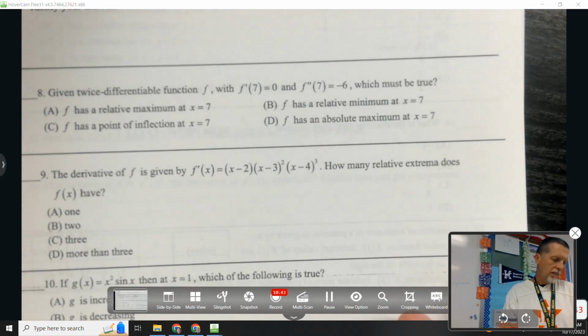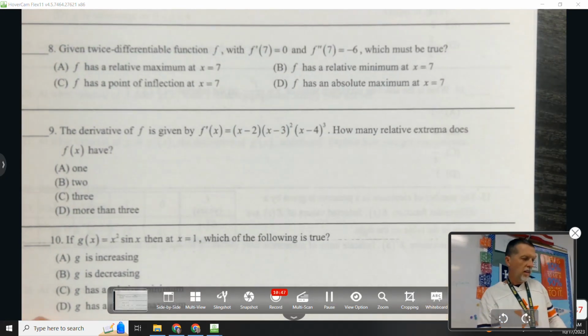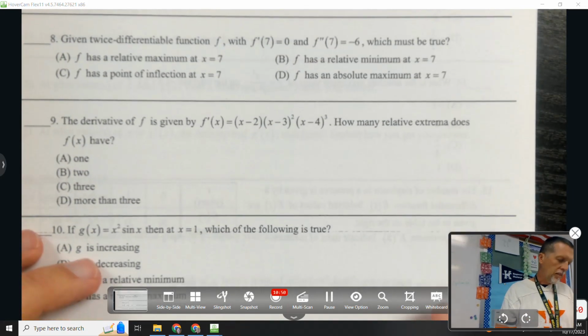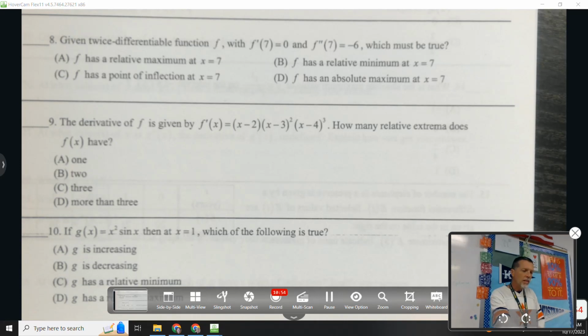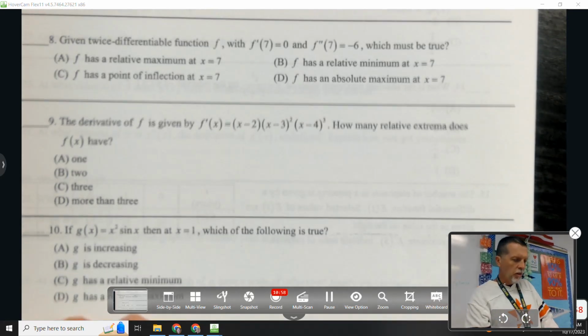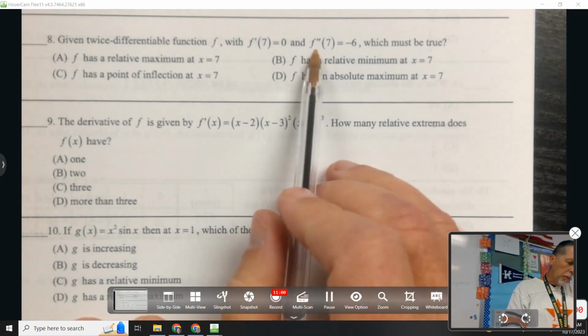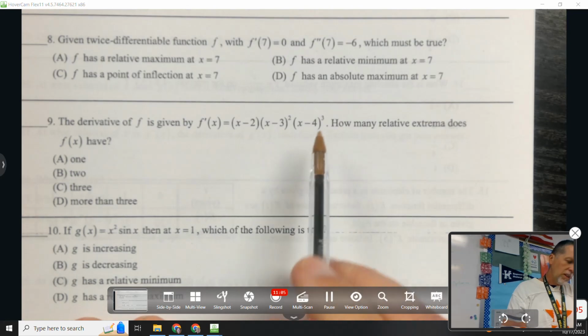Number 8. 7's a good one, but it's recorded and you can look at it if you need to. Given twice differentiable function f with f prime of 7 equals 0, f double prime of 7 is negative 6, which must be true?